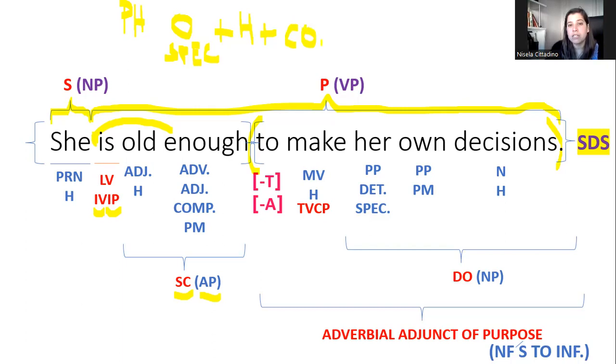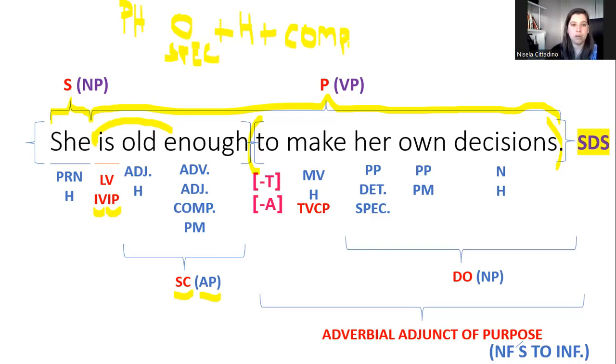If it is an adjectival phrase, it will be called an adjectival complementizer. If it is a prepositional phrase, we will call it prepositional complementizer. Complementizer or complement, it's the same. Prepositional complement, adjectival complement. It's something that complements the idea of the head of the phrase, okay?